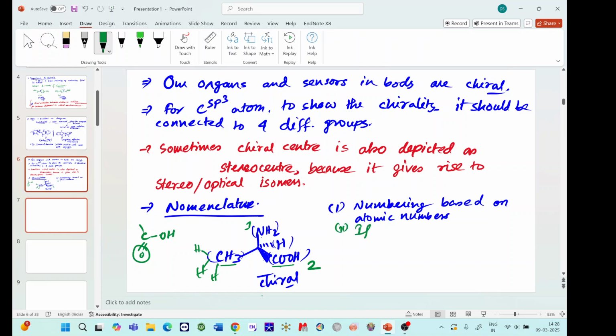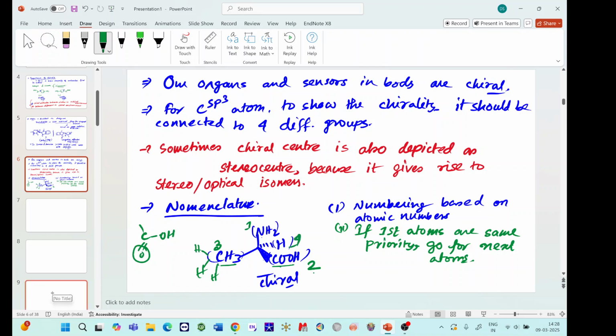If the first atoms are of the same priority, go for the next atoms. So this one will be 2, this one will be 3, and at the end will be 4.